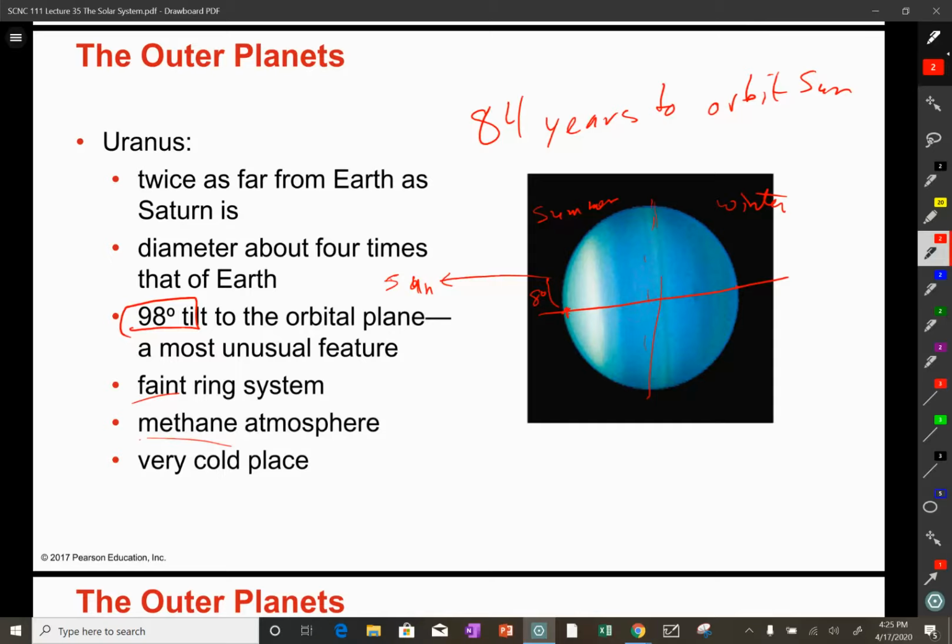It was discovered by William Herschel. He initially wanted to call it Georgius Sidereus, that is King George's star, but that was not allowed because King George was not a god, and the planets are named after gods. And so it was given the name Uranus, who is the god of the sky.